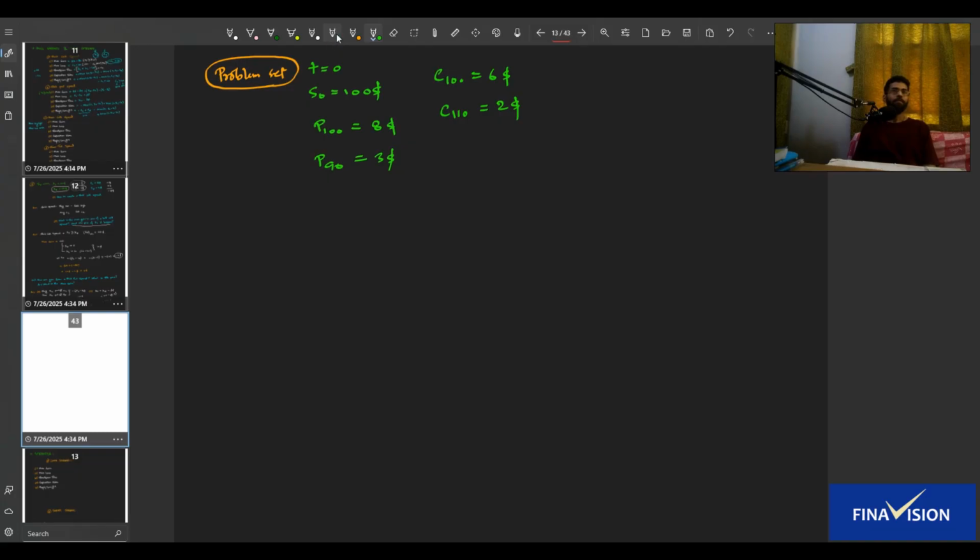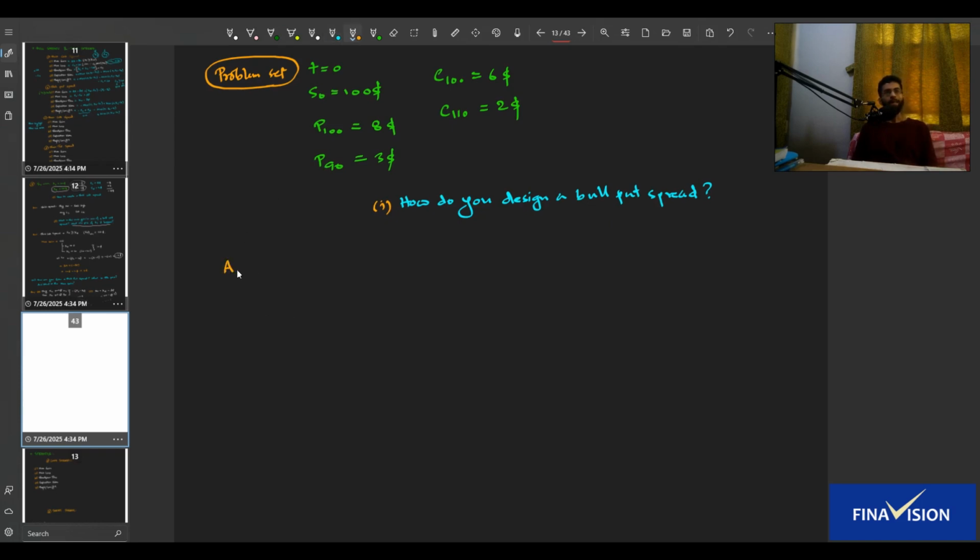Now, based on this information, we have a few questions to answer. The first question is, how do you design a bull put spread? Friends, in case of a bull spread, whether a bull call spread or a bull put spread, the theory is the same.